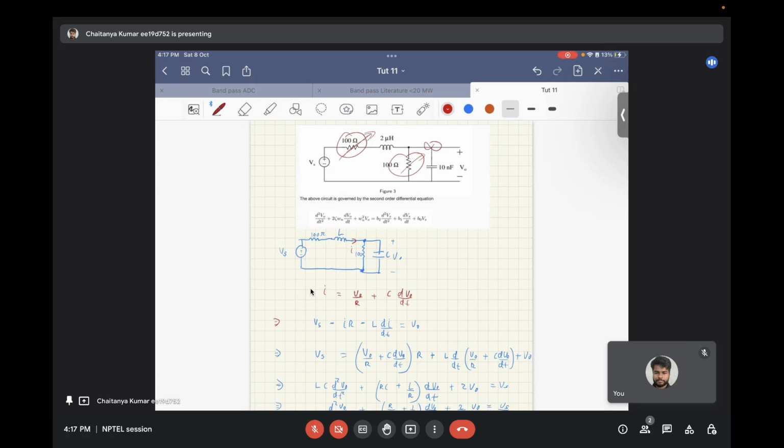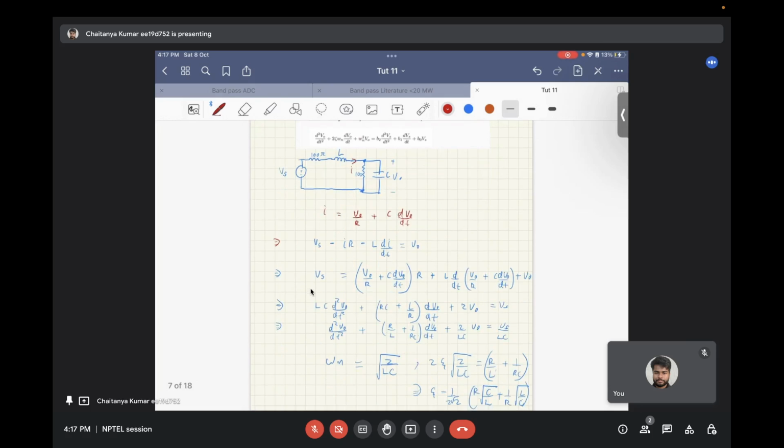And if this other resistor goes to 0, you have a parallel RLC network. So this you can observe. So basically, for achieving a high quality factor, you need to increase this value of resistance and reduce this value of resistance. So this is what you can keep in mind.